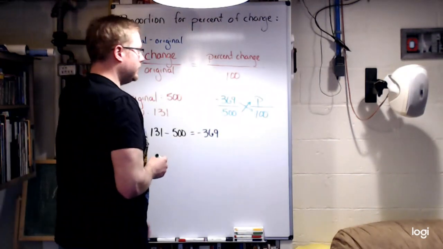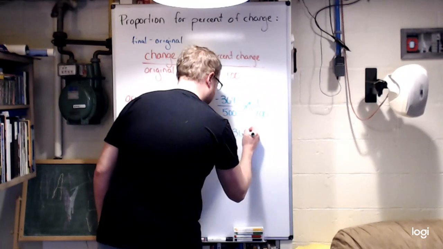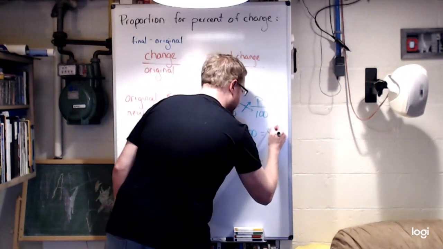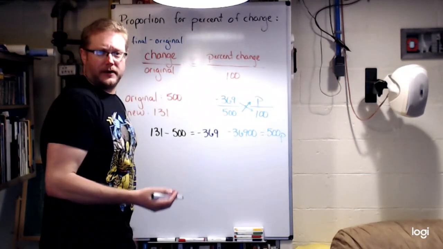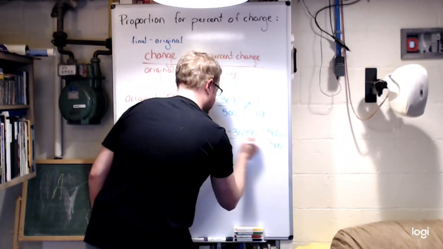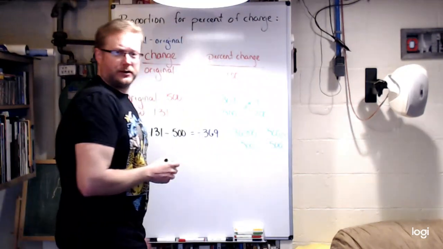So negative 369 times 100 will be negative 36,900 equals 500p. Then I'm going to divide both sides by 500. The 500s cancel out over here.